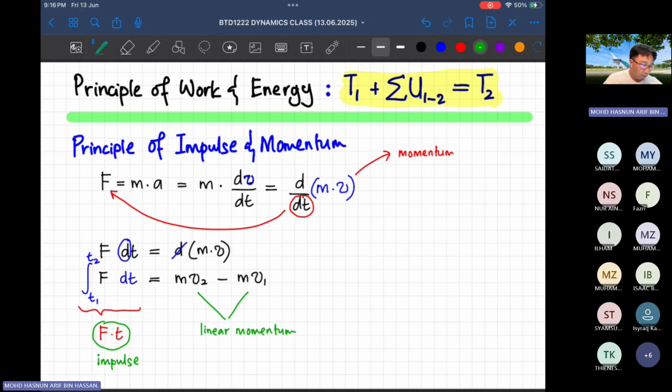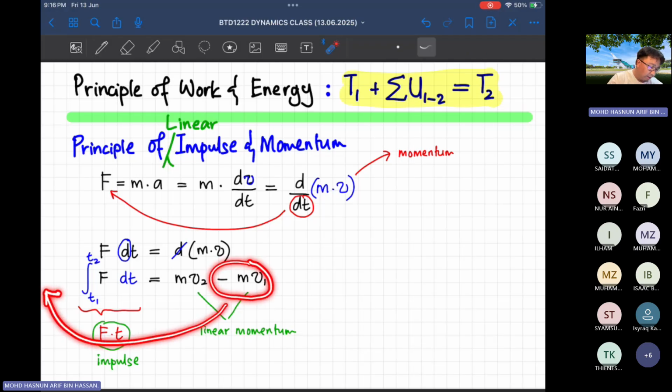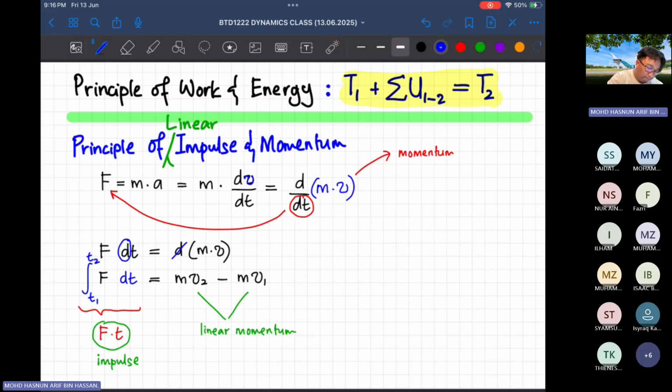From this, we get the principle of linear impulse and momentum. We put the word linear here because this equation focuses on linear motion only. If we bring the minus mv1 to the left-hand side, it becomes positive. So we get mv1 plus the integration of F dt, which gives you the impulse, is equal to mv2.